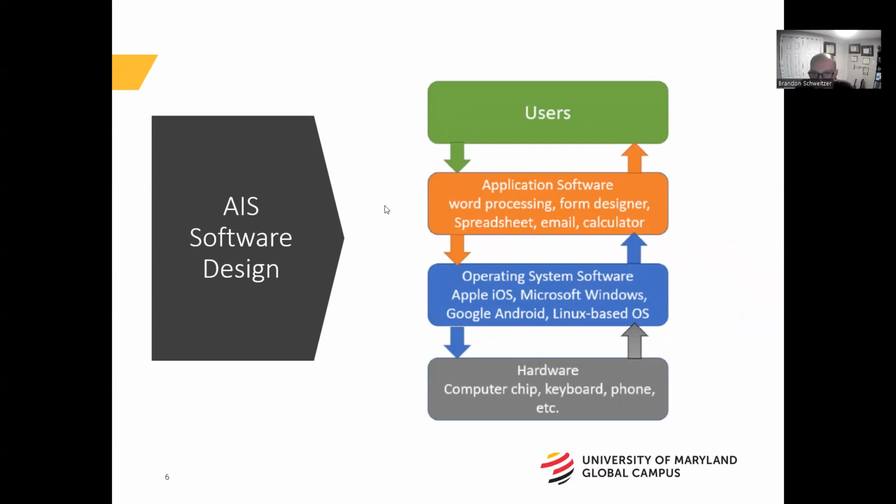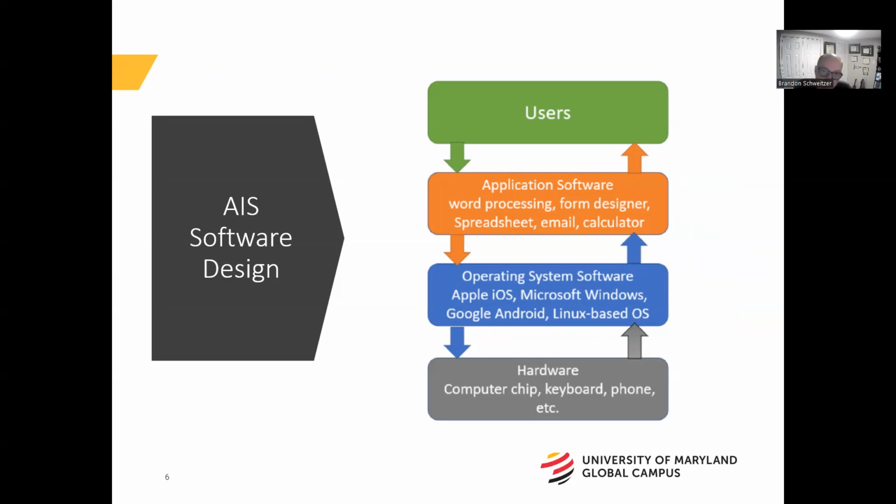How is the software designed? Well, we know the first thing to designing any software is understanding who our users are. The users drive the information. The users drive the design of the software.